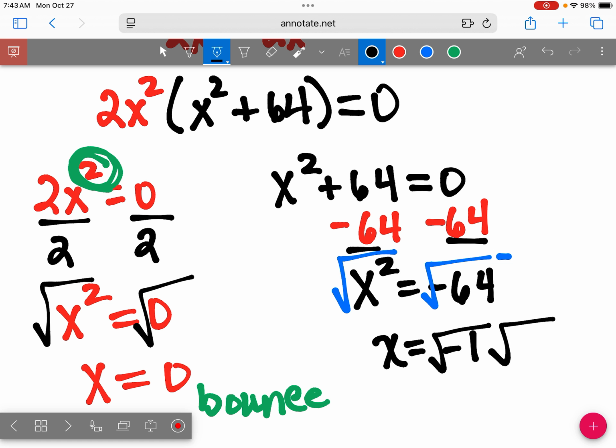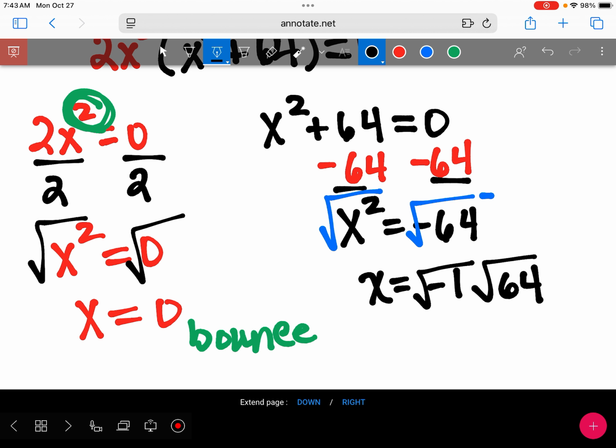Like so. So you have to break it apart. So what is the square root of -1? I, and the square root of 64. So that would be plus and minus 8i.